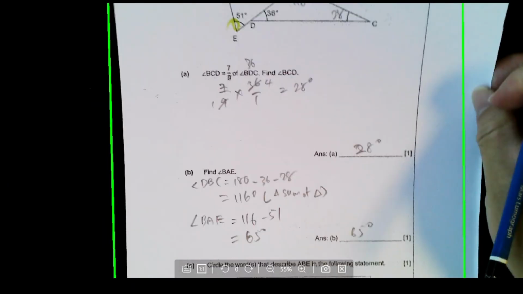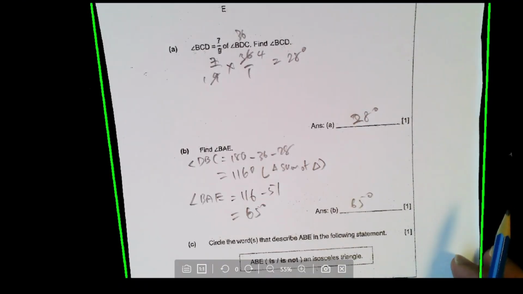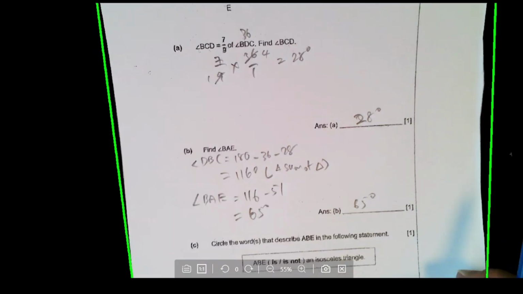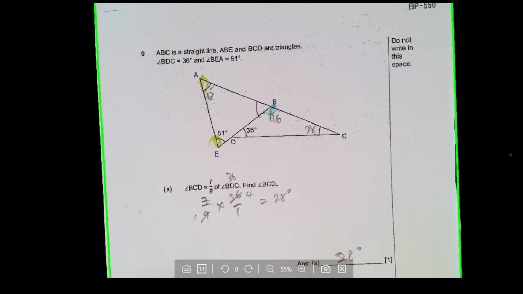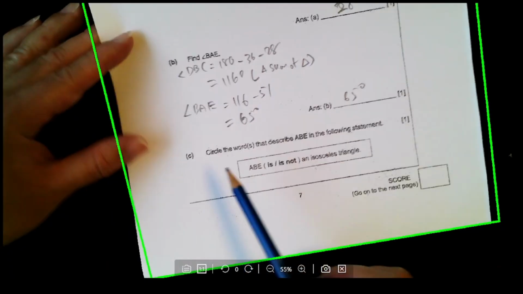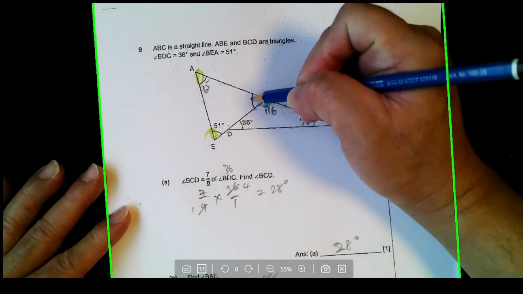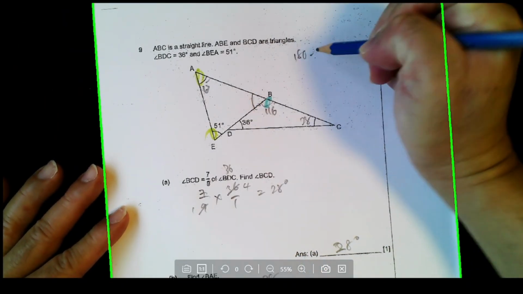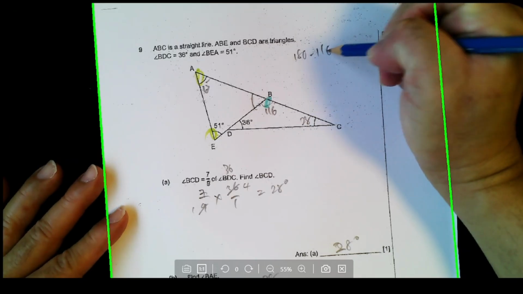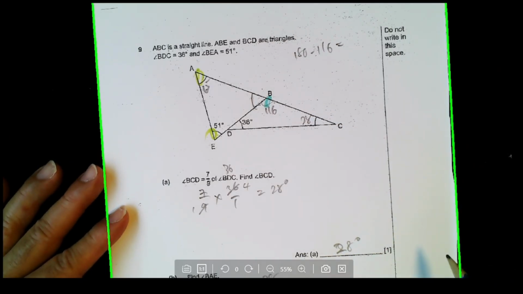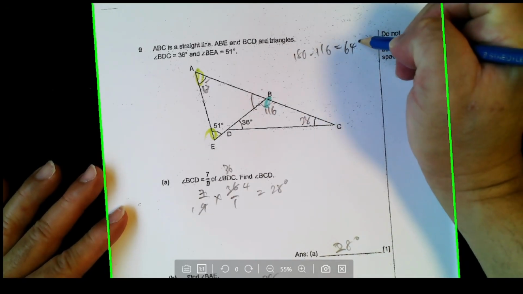I'm going to write here, but actually you should write here. I'm going to write here for the screen. How to find this one? 180 minus 116. You will get 64 degrees.